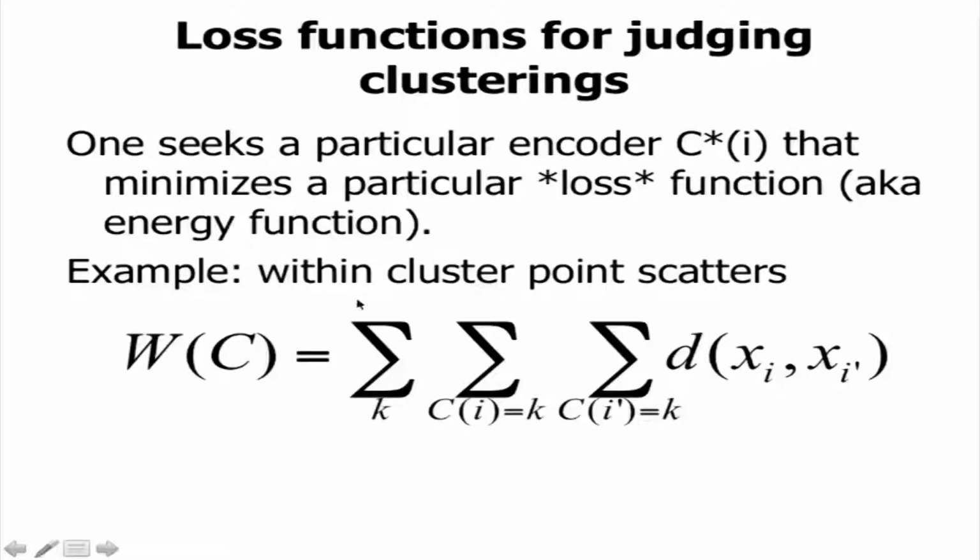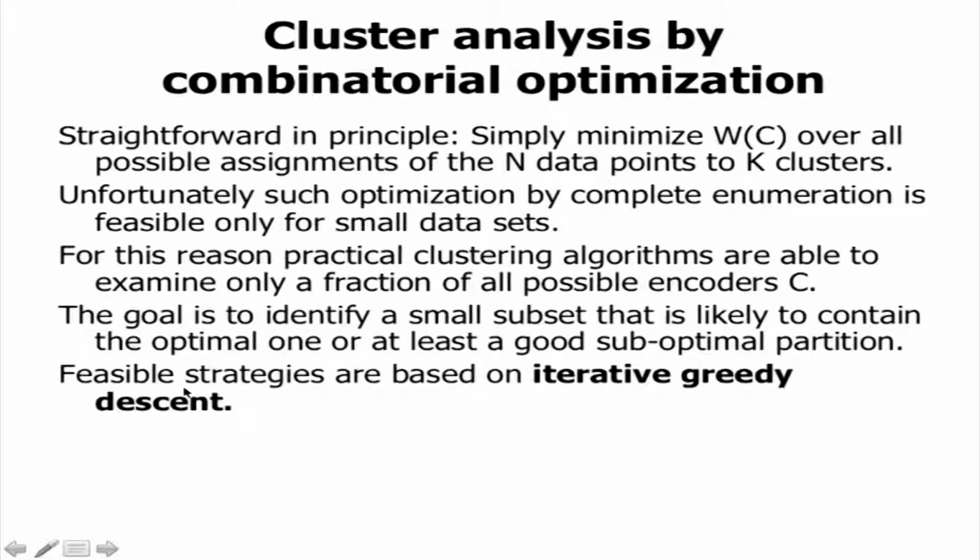So what would then be an optimal clustering assignment, an optimal cluster algorithm? It would choose this encoder, the cluster assignment, in a way to minimize this loss function, because you want all objects in the same cluster to be as similar as possible.